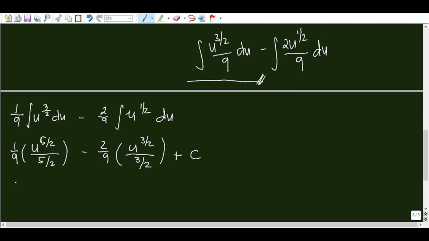That is magiging 1 over 9 times 2 over 5. Kinuha ko lang yung reciprocal ng denominator para hindi ako mahirapan. 5 over 2 minus 2 over 9 times 2 over 3 times u raised to 3/2 plus c.